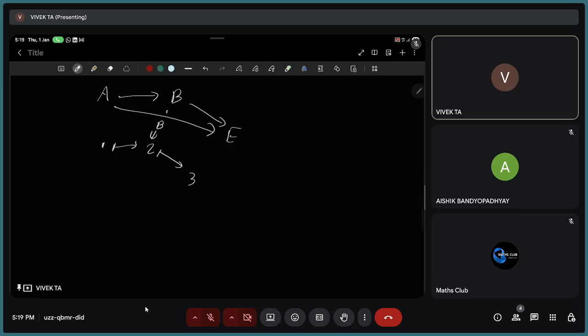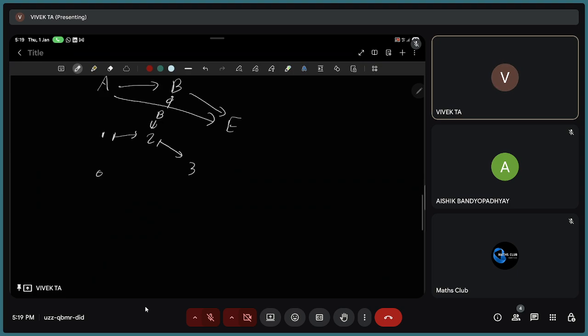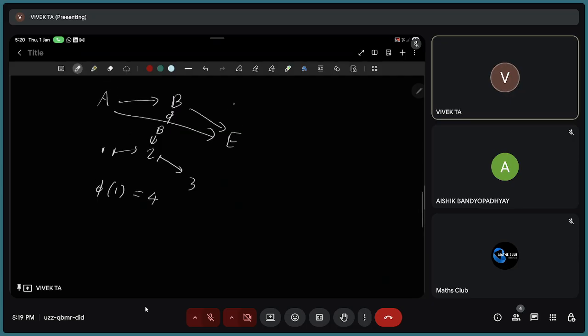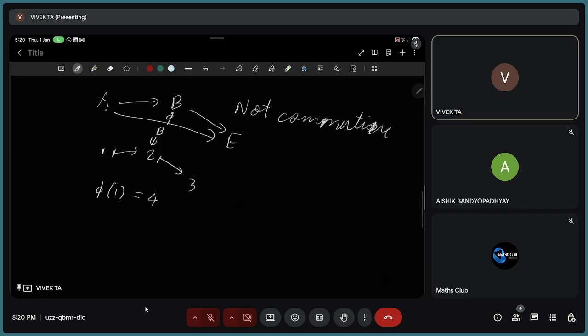But this map, phi of 1, actually gives you 4. Then this diagram is not commutative, even though the map from A to E is well defined and the map from B to E is also well defined. But the composition is not well defined, in the sense that these two maps are not the same. That is why they differ.